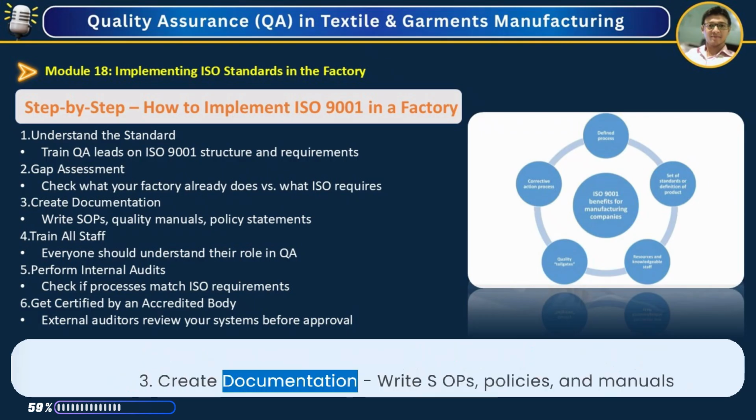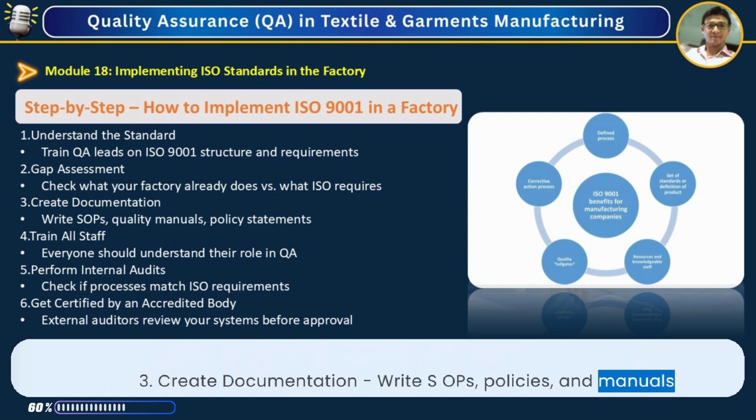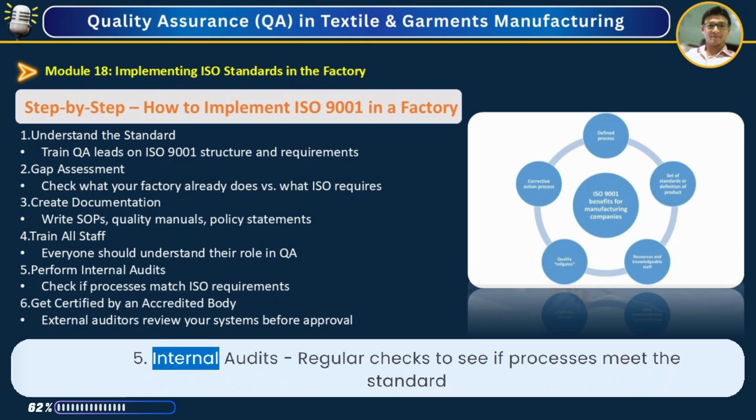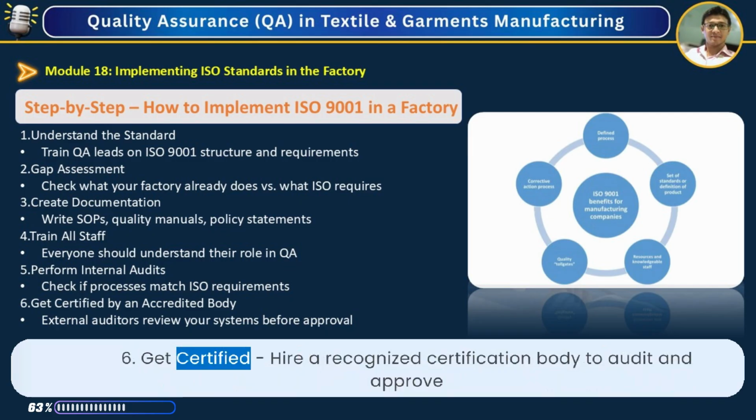Create documentation. Write SOPs, policies, and manuals. 4. Train all staff. Everyone must understand their QA role. 5. Internal audits. Regular checks to see if processes meet the standard. 6. Get certified. Hire a recognized certification body to audit and approve.